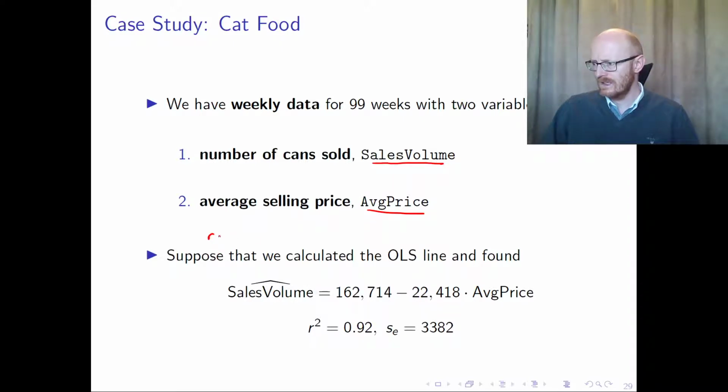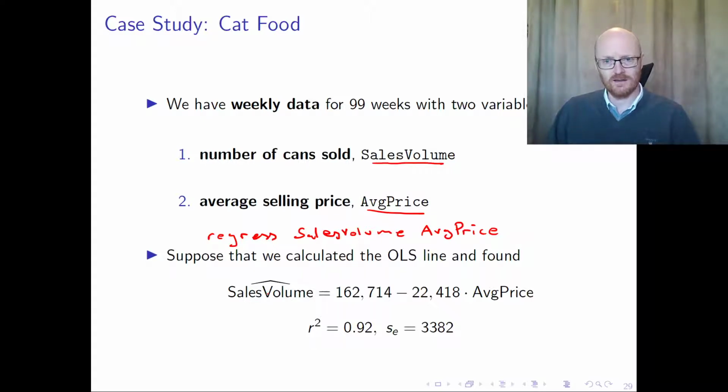So we just say regress, this is in Stata, sales volume on average price.